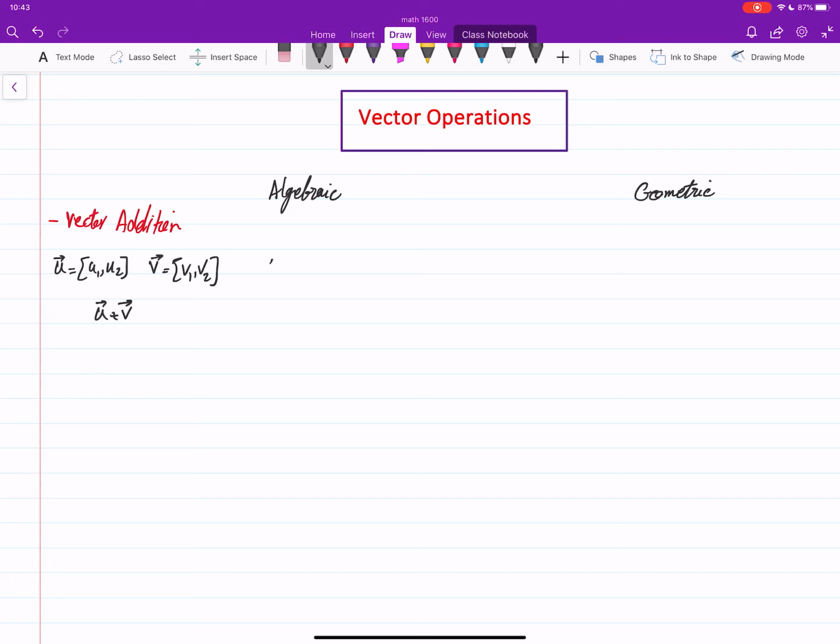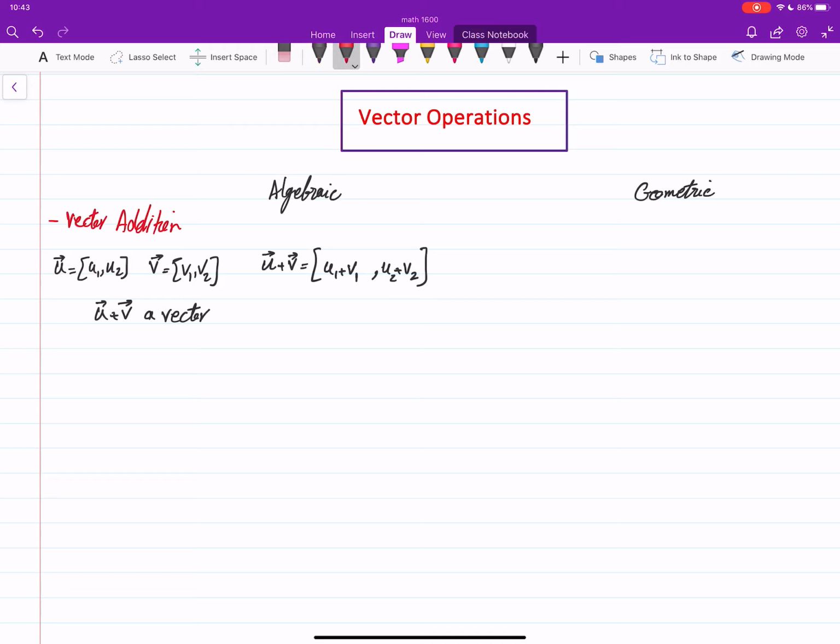The sum is a vector, again in the plane. Algebraically, the first component is the sum of the first components, and the second component is the sum of the second components. So you add the first components and add the second components, put them in the corresponding places, and that's it. How about the geometric meaning of this?